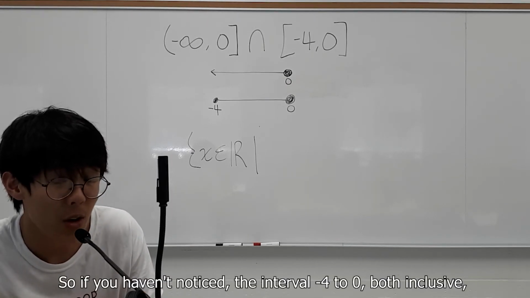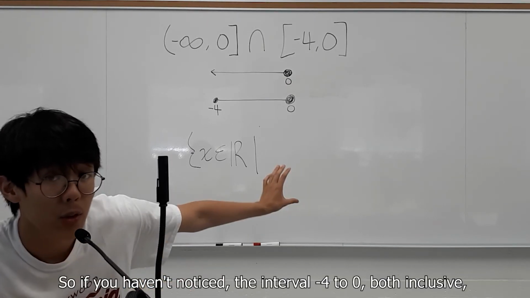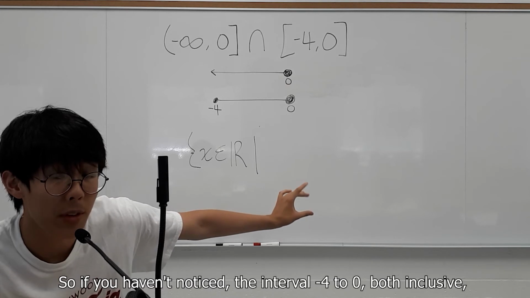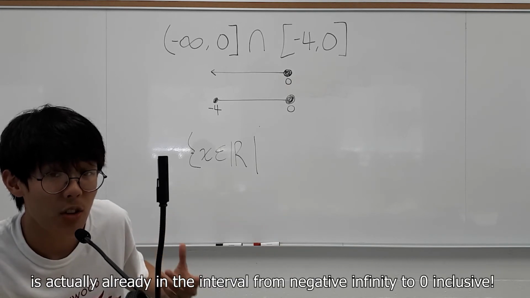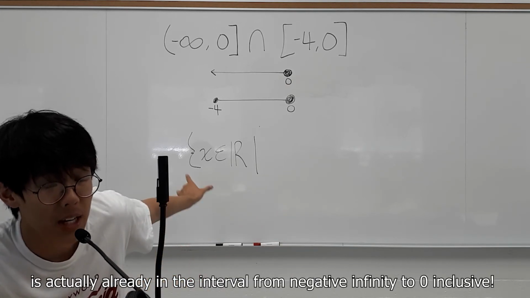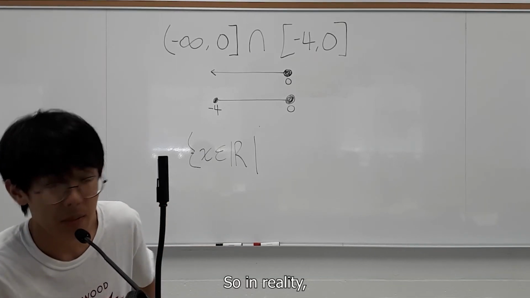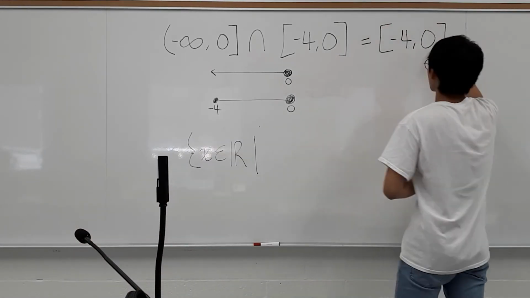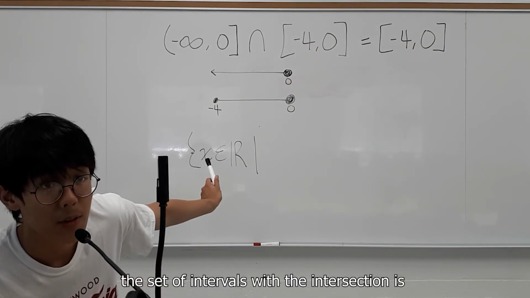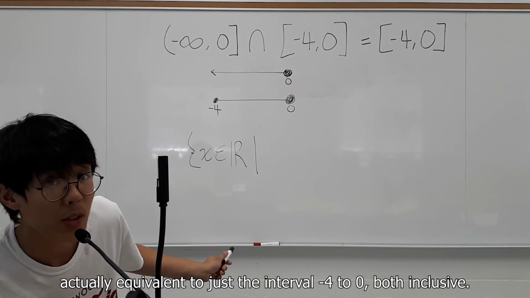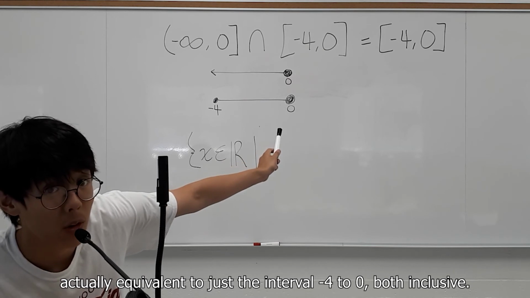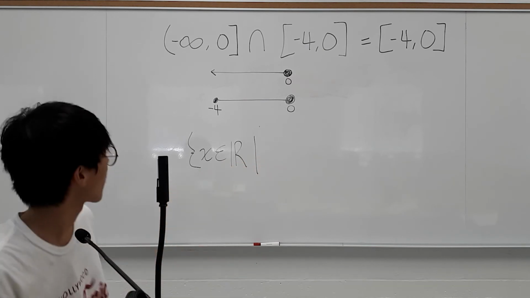So if you haven't noticed, the interval negative 4 to 0 both inclusive is actually already in the interval from negative infinity to 0 inclusive. So in reality, the intersection of the intervals is actually equivalent to just the interval negative 4 to 0 both inclusive.